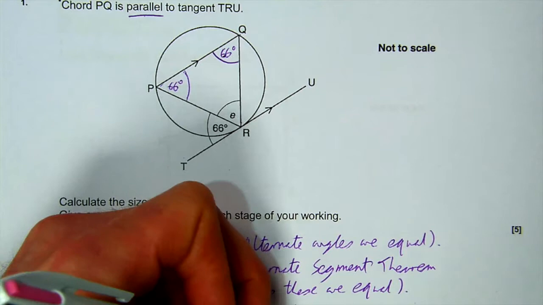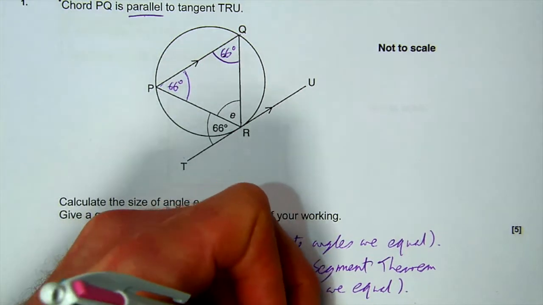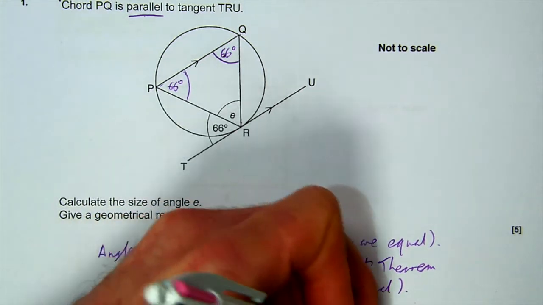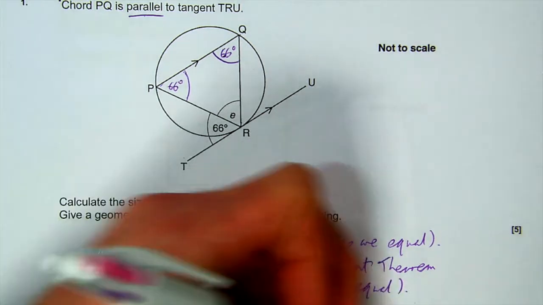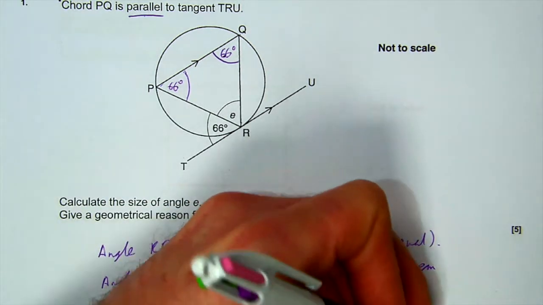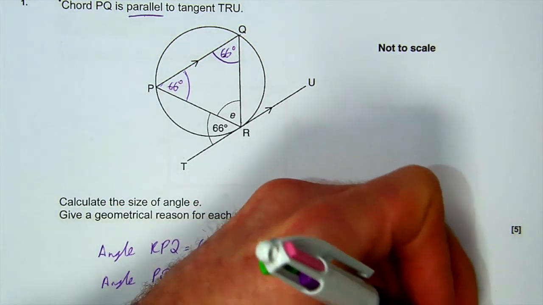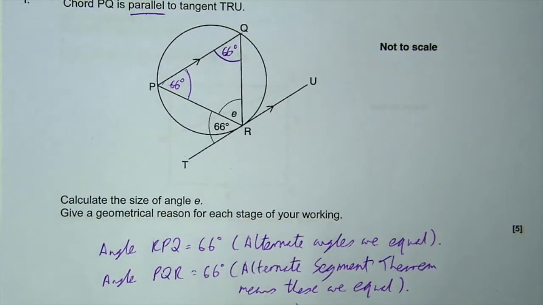And I need to give the reason for that as well: angles in a triangle add to 180.